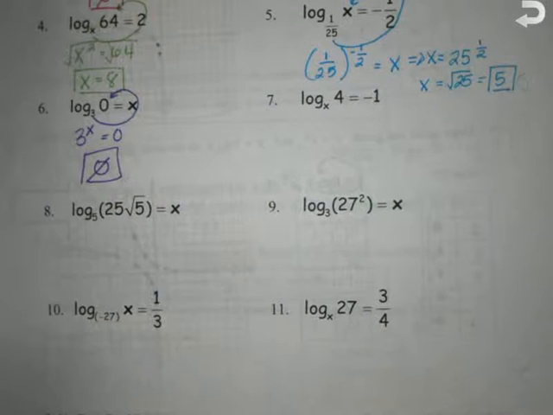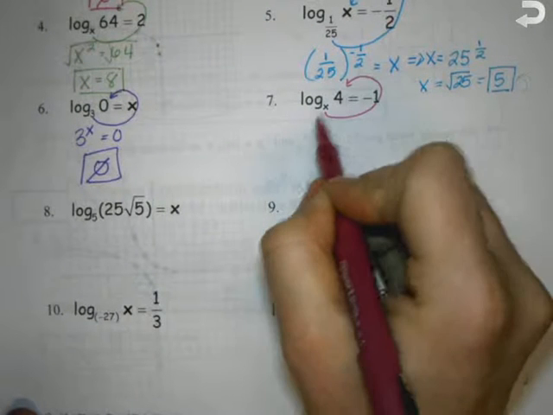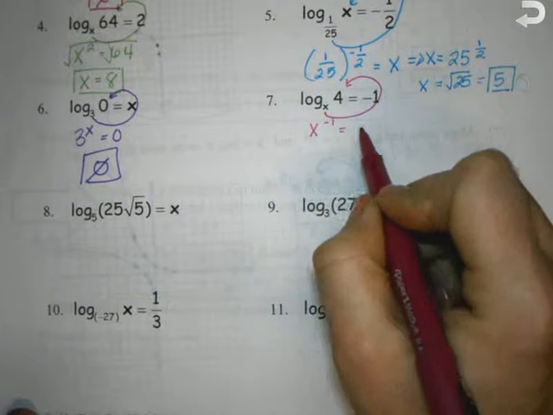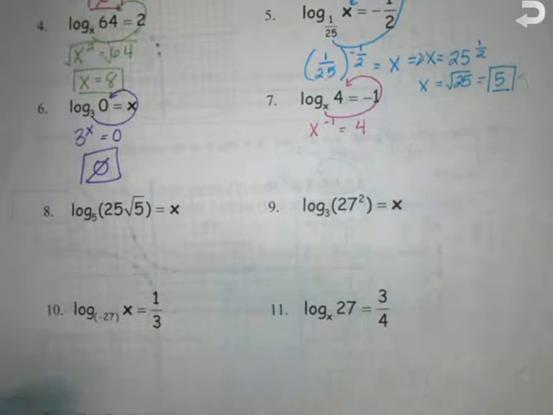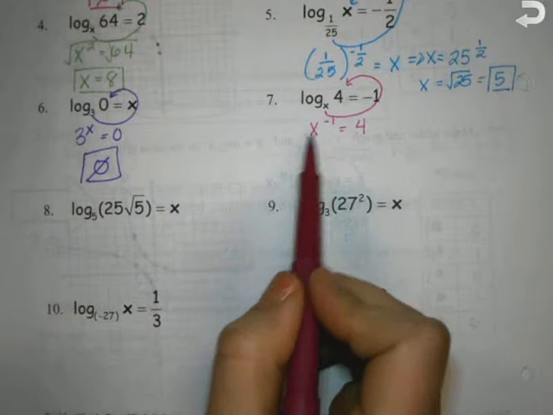Okay, so what about 7? How would we write that as an exponential? x to the negative 1 equals 4. Alright, let's get rid of this exponent. What can I raise this side to make this a positive one?